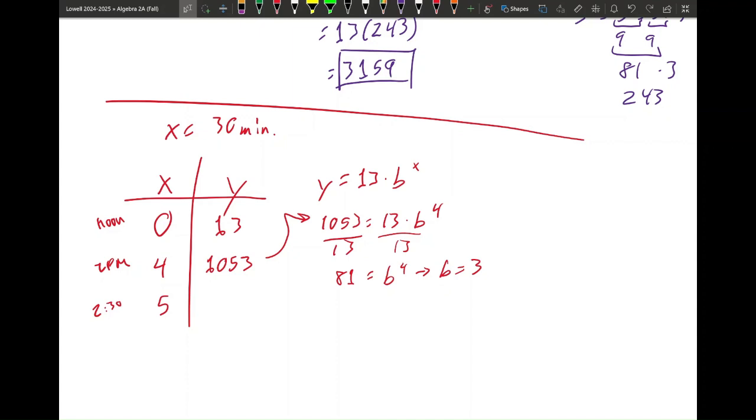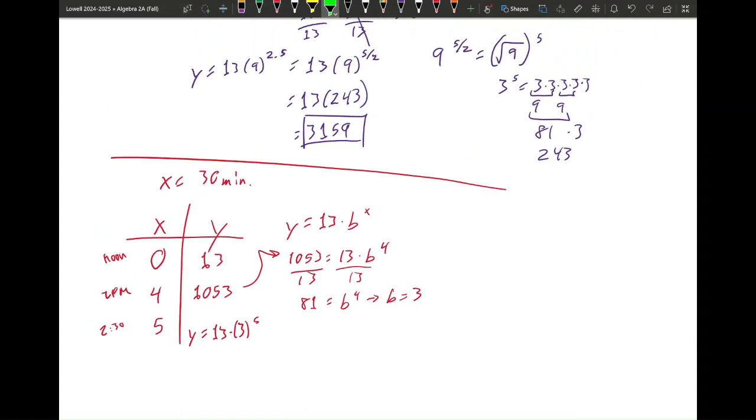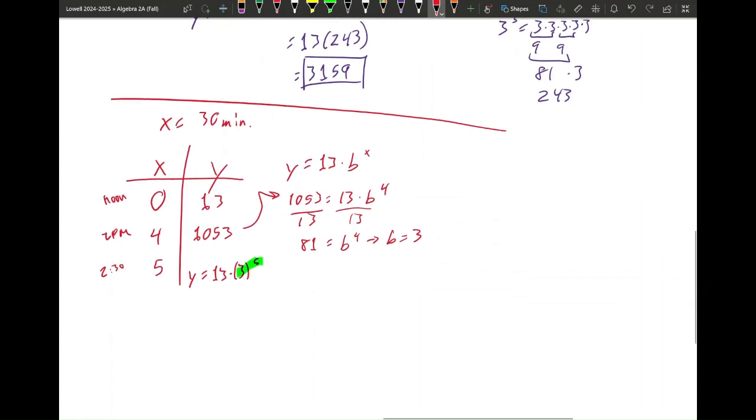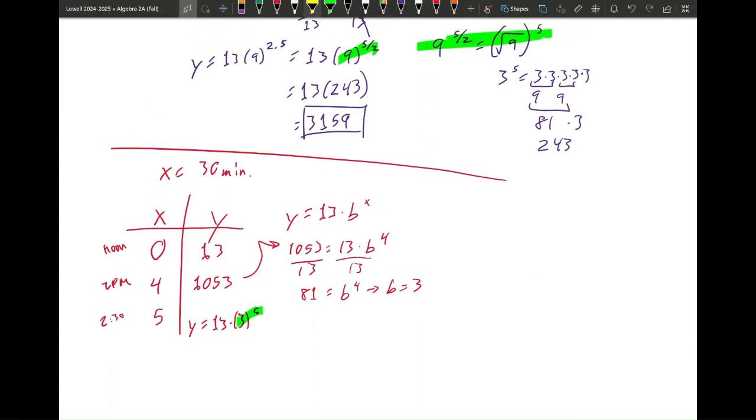Now, if I want to plug in x equals 5, my equation is 13 times 3 to the 5th. Notice this just shortcuts what we did here. 3 to the 5th is 243, and I don't think I need to go through all of those steps again to show that the answer is indeed 3159.